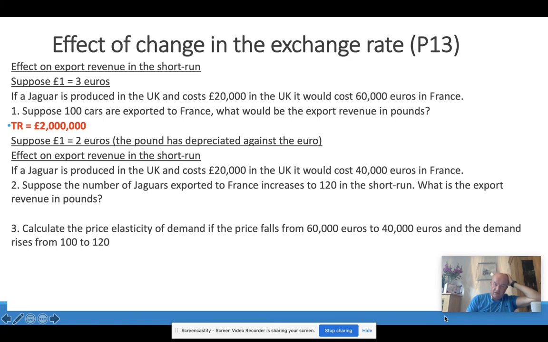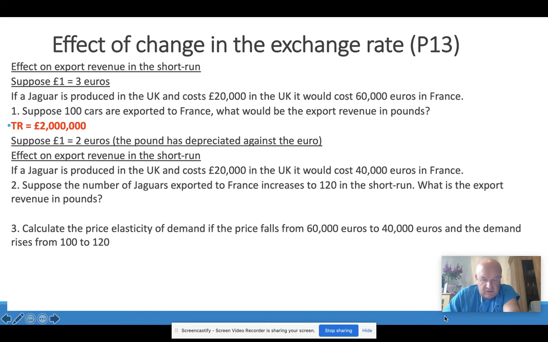However, if we then look at this change in value, the exchange rate for the pound has moved from €3 to €2, which means our pound has depreciated. Let's see how that might affect export revenue in the short run. In this situation, we've got a change in the value of the pound, but also a change in the number of cars being exported. The Jaguar, originally costing £20,000, is now being sold in France at €40,000.